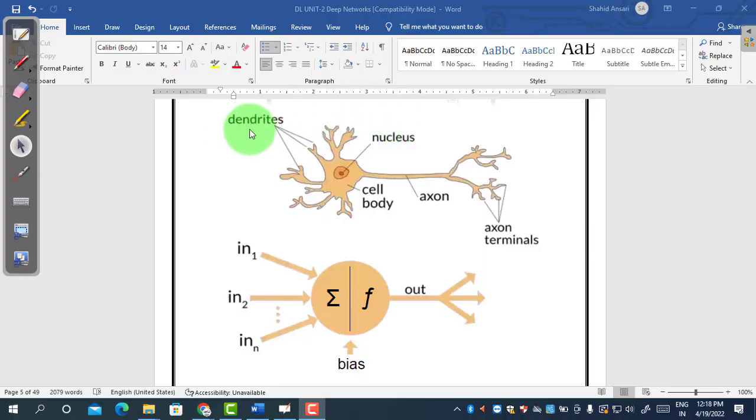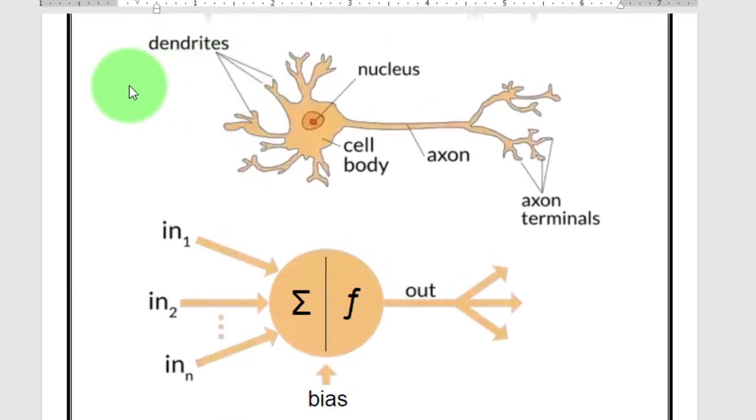Now we have the structure of the biological neuron and the artificial neuron. From the diagram we can see that there is much similarity between these two.